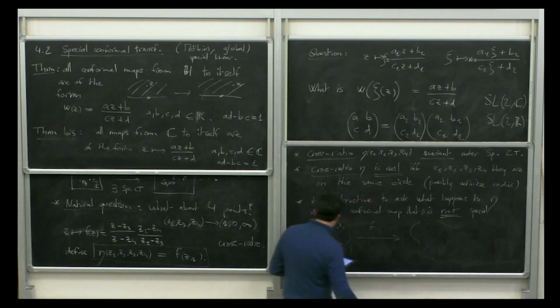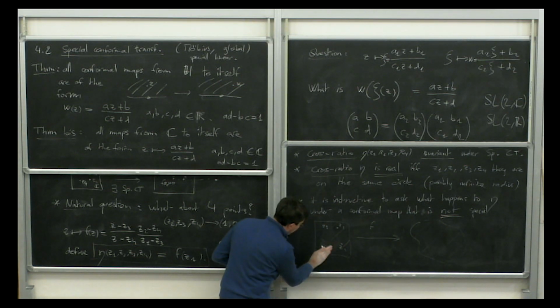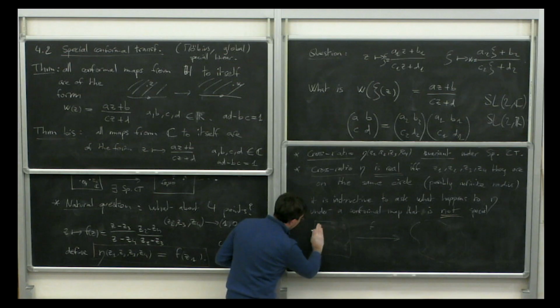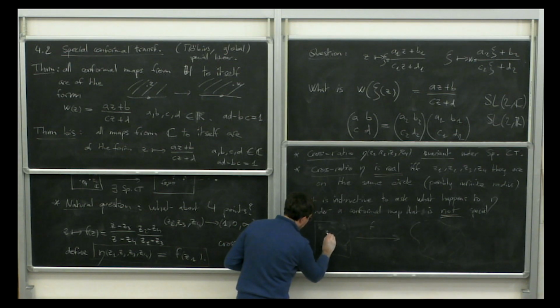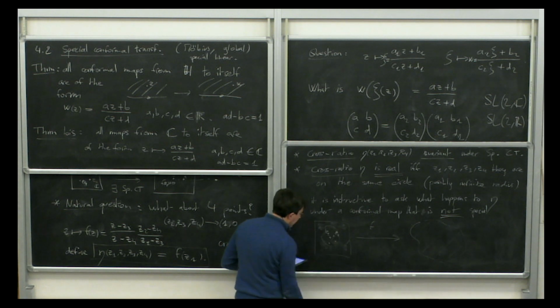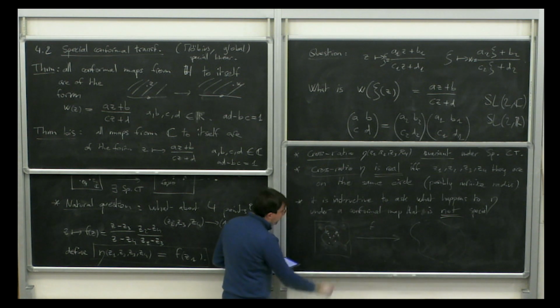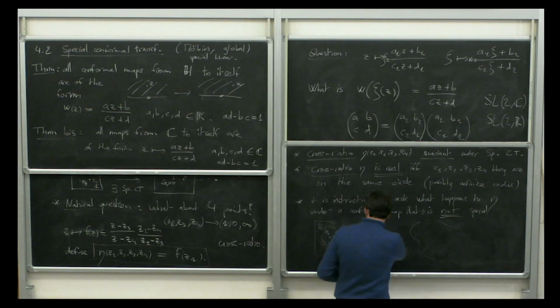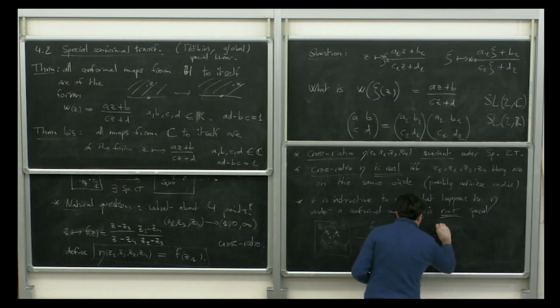So around some neighborhood, I can focus on 4 points that are nearby, z1, z2, z3, z4, in some small neighborhood, and then these 4 points get mapped to f of z1, f of z2, f of z3, f of z4.